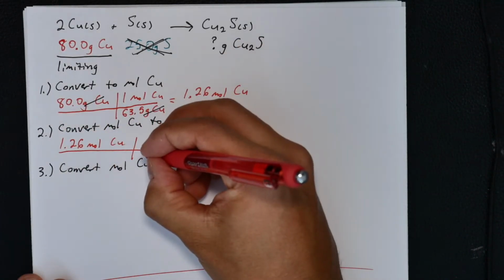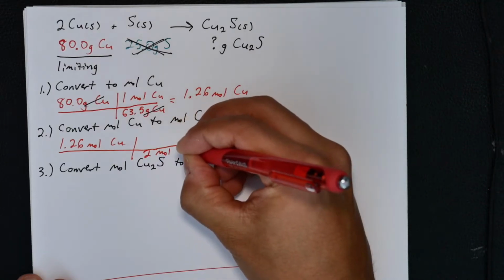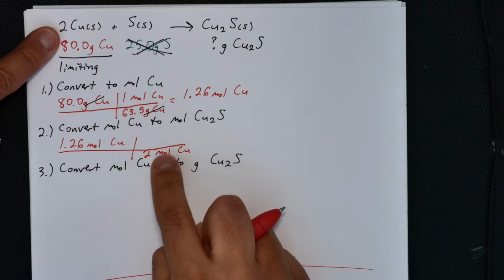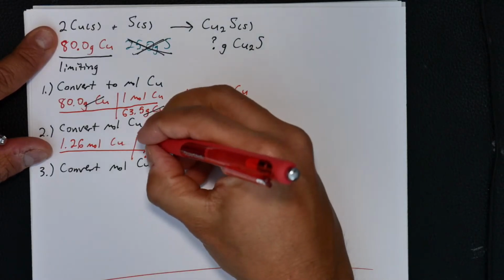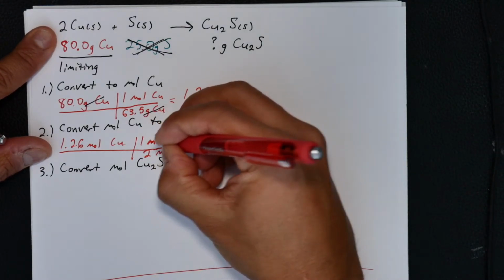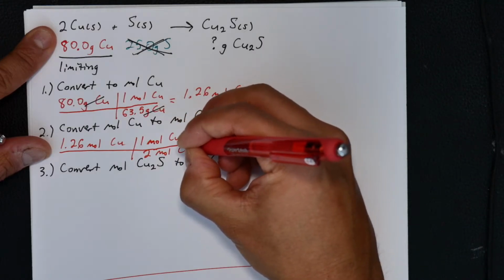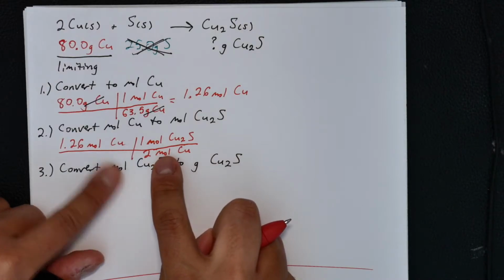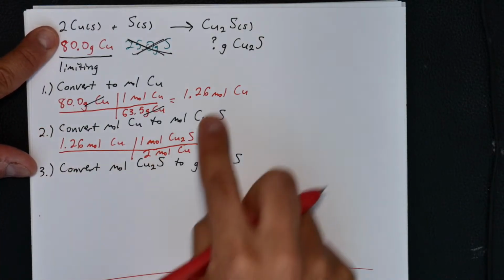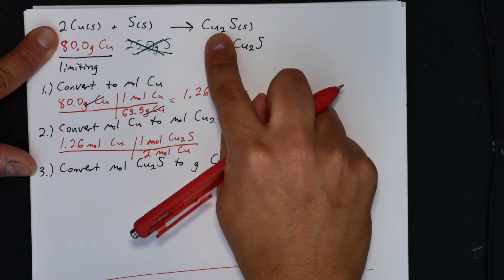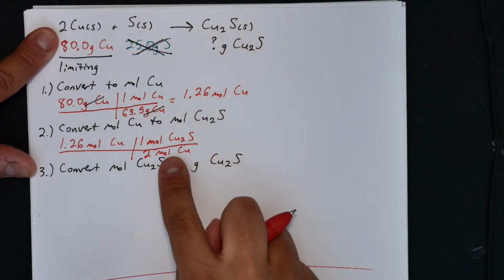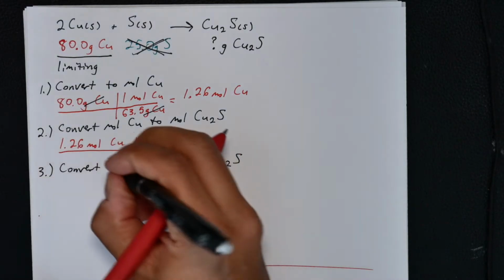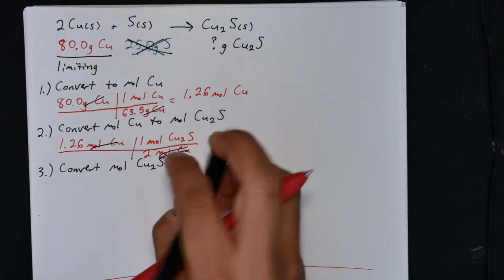For every 2 moles of copper, that comes from here, 2 moles of copper, that's what's written here on the bottom, we make 1 mole of copper 1 sulfide. Again, this 1 to 2 ratio, this fraction I just wrote, comes from this: 2 moles of copper to 1 mole of copper 1 sulfide. I'm writing it like this because I'm starting with moles of copper, so I want moles of copper on the bottom so that it cancels. We're using dimensional analysis here.